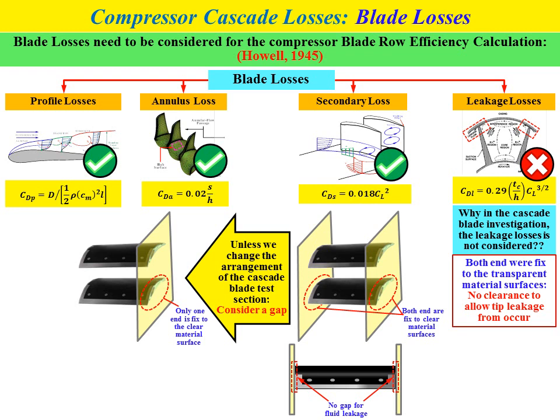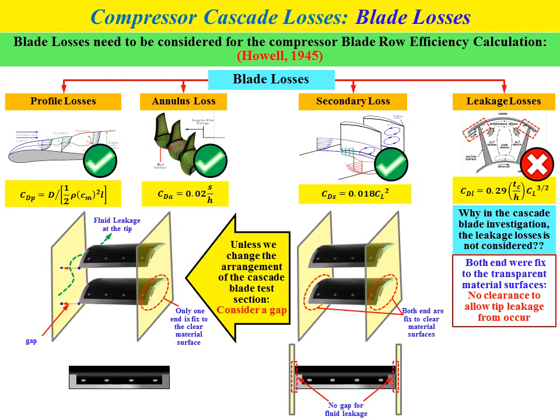So only one end is fixed to the clear material surface, and on the other side we provide a gap, as shown in the figures, where we allow fluid leakage at the tip of the cascade blade. If you refer to the front view, one side of the cascade blade has no gap, and the other side will have a gap that allows fluid to flow through the gap and produce fluid leakage losses at the tip of the cascade blade.